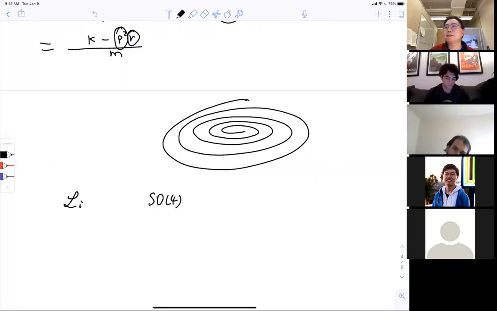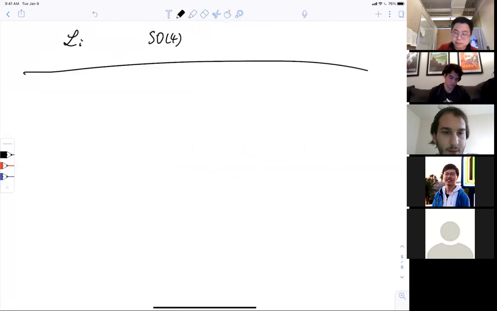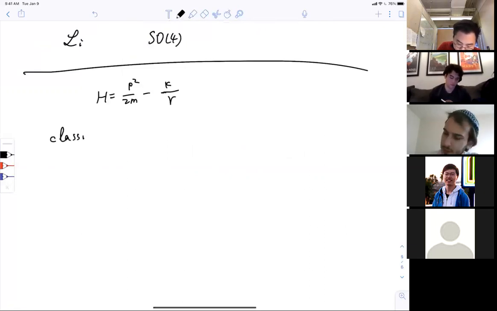Okay, so let's proceed to see what's happening at the quantum level. So in the quantum case, the Hamiltonian is still the same. We know there's a special vector at the classical level, which is L defined by this.